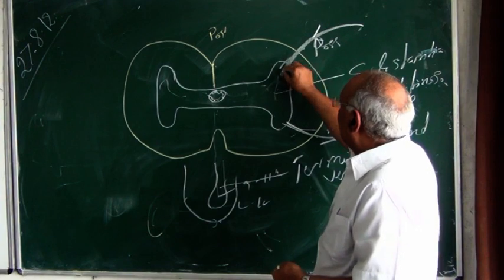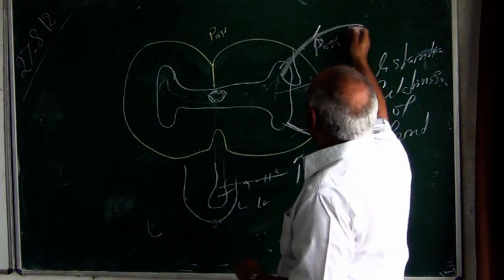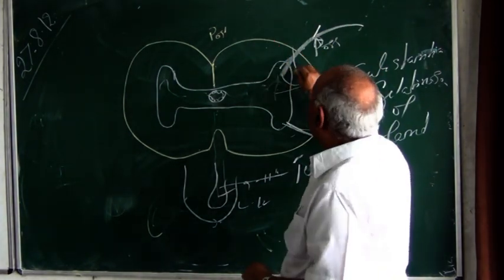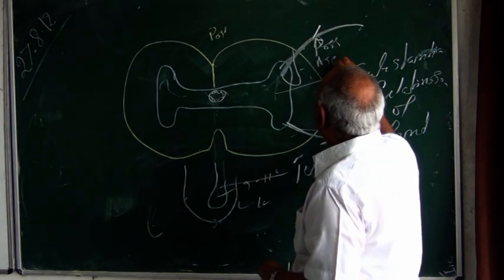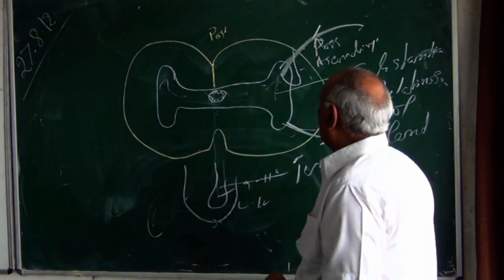Now these posterior roots send information up. After receiving from the periphery, they send information up. They are called ascending tracts. We shall be talking about that.